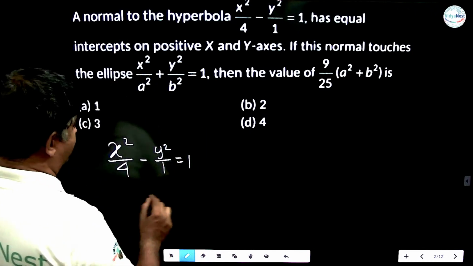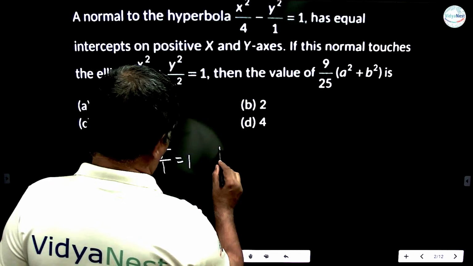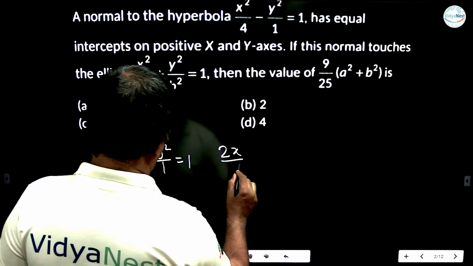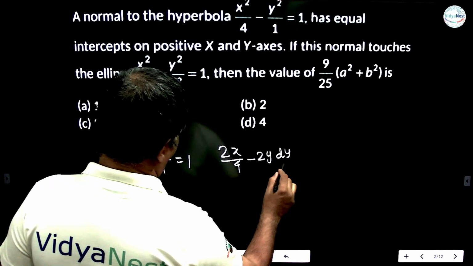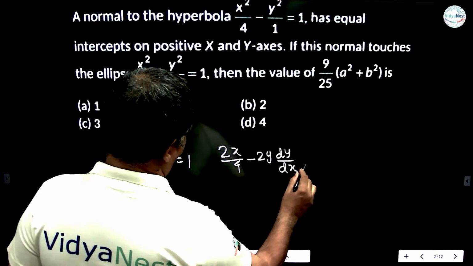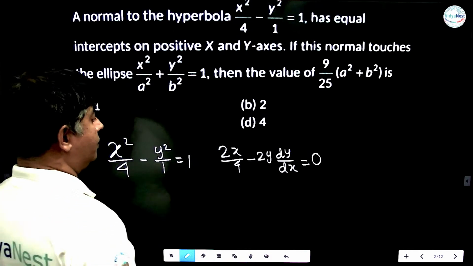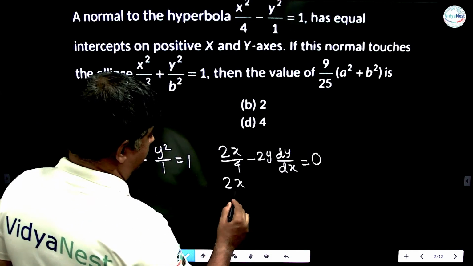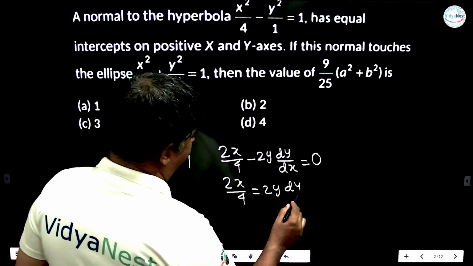If you differentiate, you will get 2x by 4 equals 2y dy/dx.